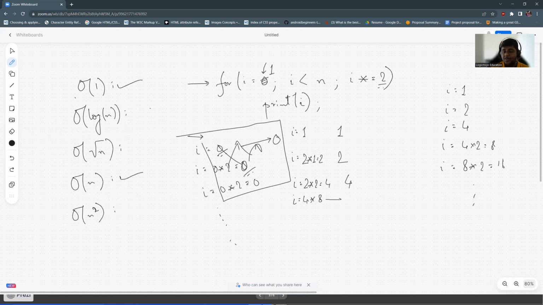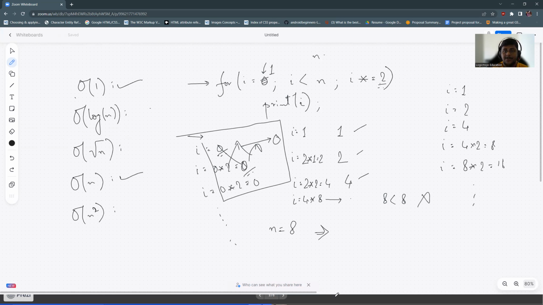And now I cannot print 8, because as soon as i becomes 8, i less than n, which is 8 less than 8, is mathematically incorrect. So my loop gets out of it. So I print 1, 2, 4 till there.